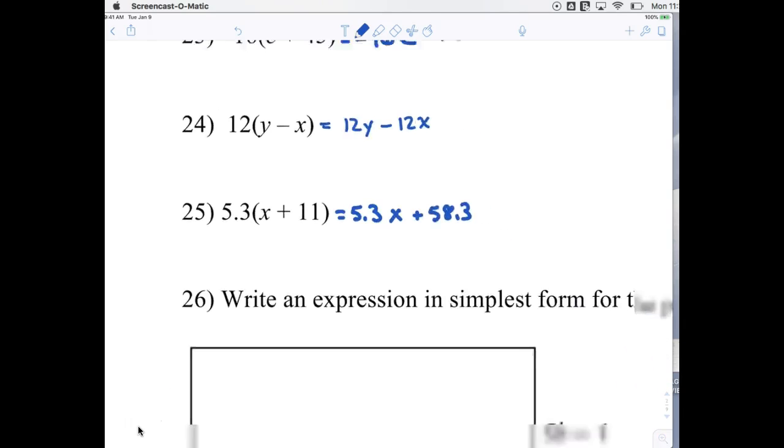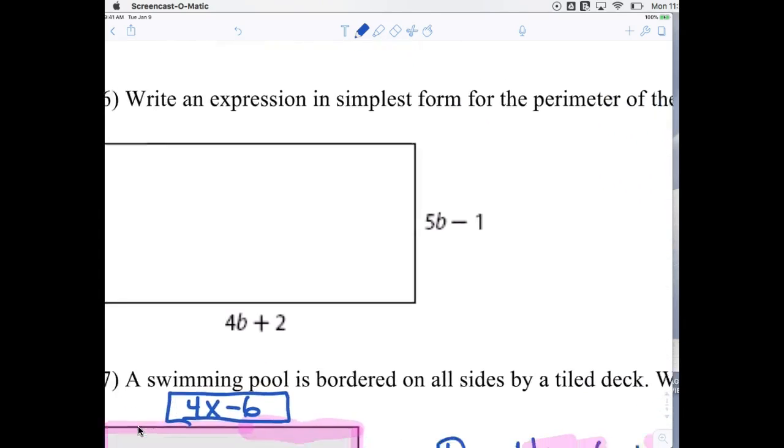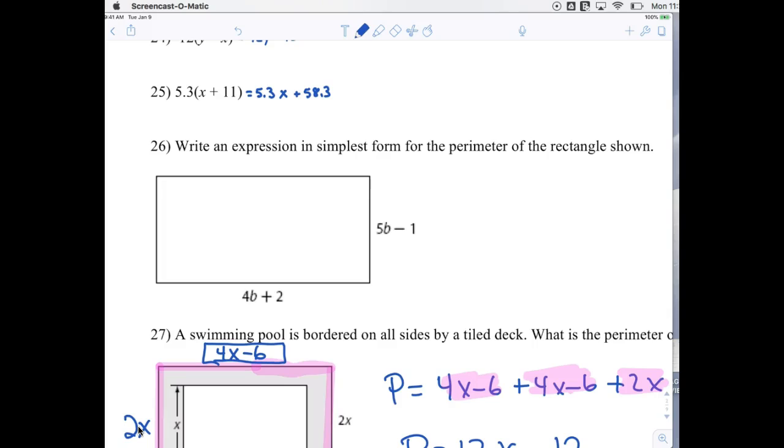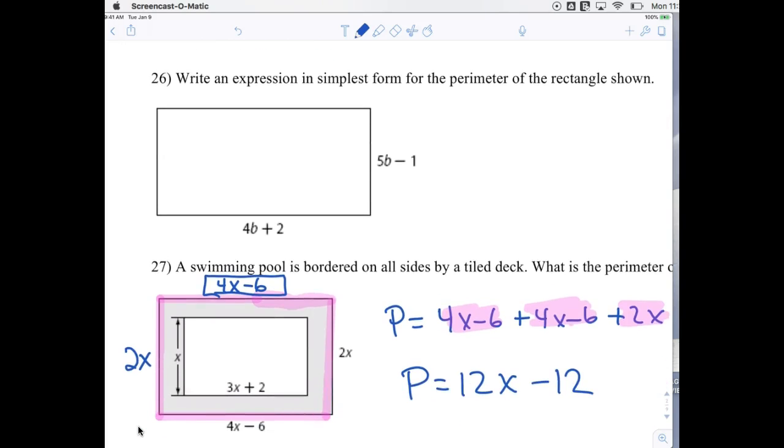All right, let's see what 26 says. Perimeter means to do what? Add all the sides. If this side right here is 4b plus 2, then what is this side over here? 4b plus 2.